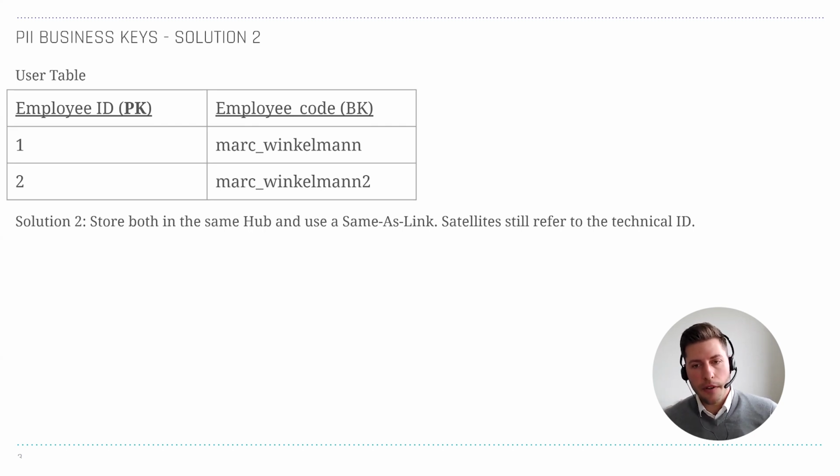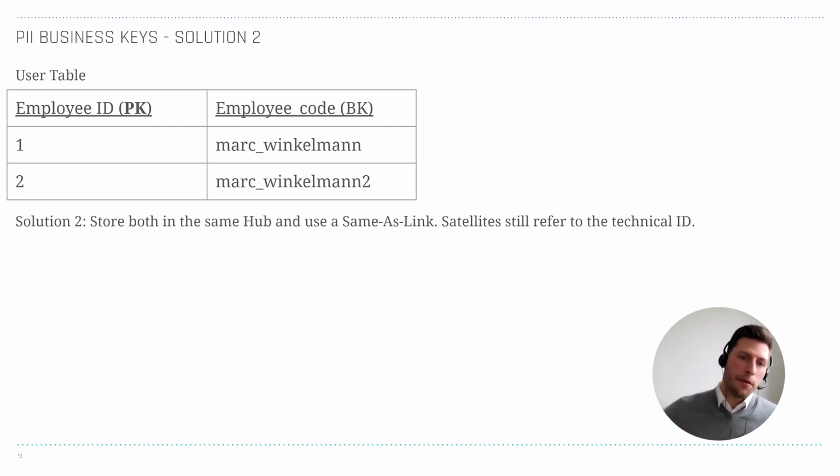What's important is that the satellites still need to refer to the technical ID, because we don't want to cut the relationship between the satellites and the hub when we have to delete PII data. So we still attach the descriptive data to the technical IDs, but we also create a mapping between the technical ID and the real business key, right?